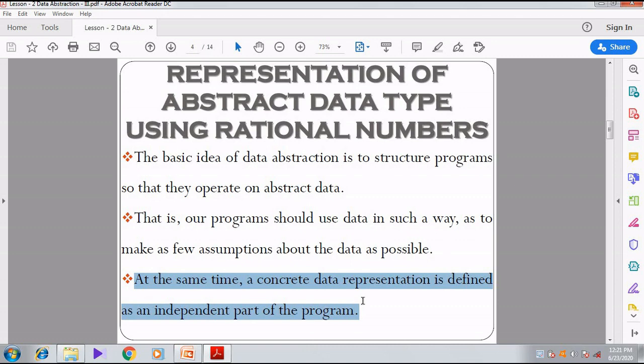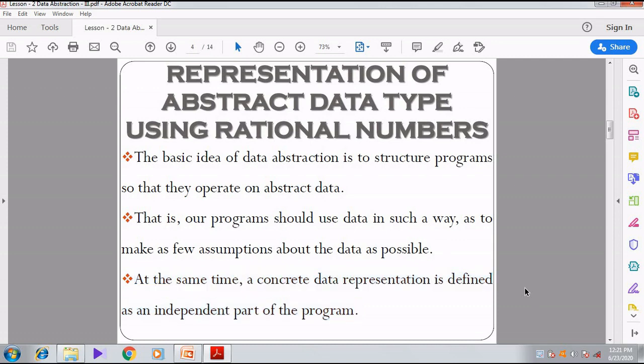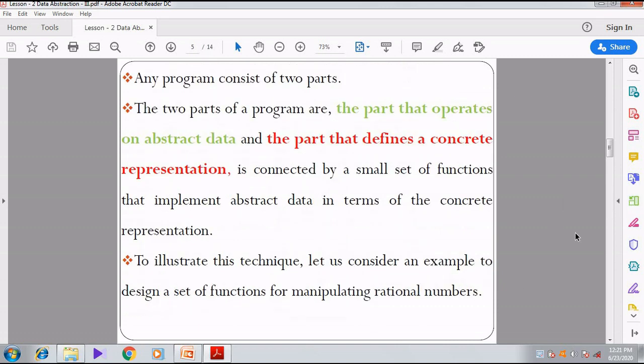What is meant by concrete data representation? Concrete data representation means the data which is represented in a realistic manner. Those particular data are known, right? Any program consists of two parts.